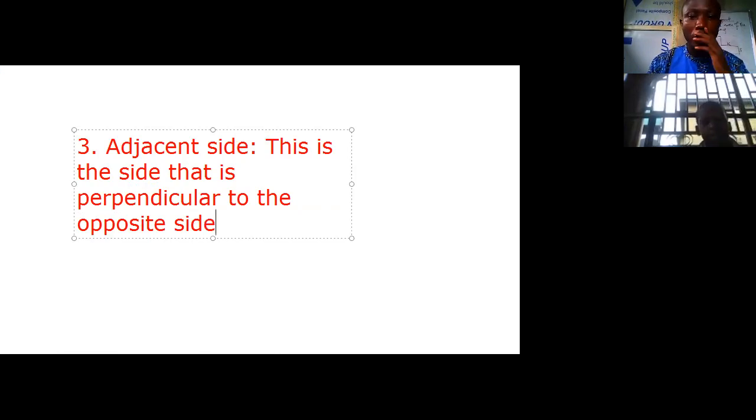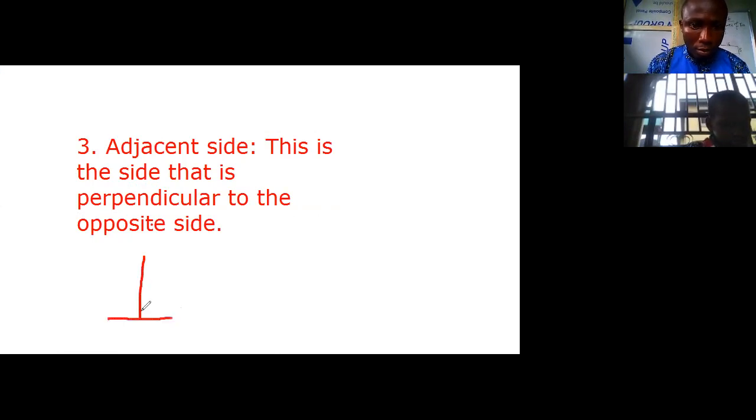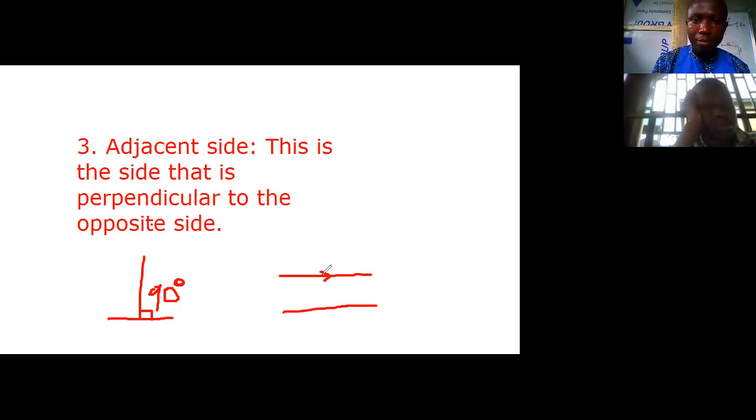Finish what you're writing. Don't write this thing I'm drawing now. I just want to use it to explain perpendicular and parallel. Parallel lines are lines that can never meet.